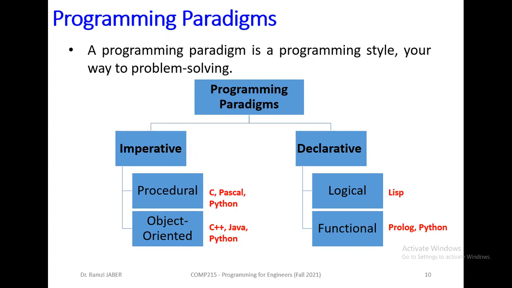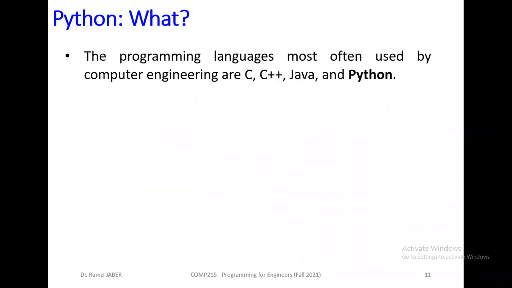Good. Now, what is Python? As usual, the programming languages used in computer engineering are C, C++, Java, and now Python.